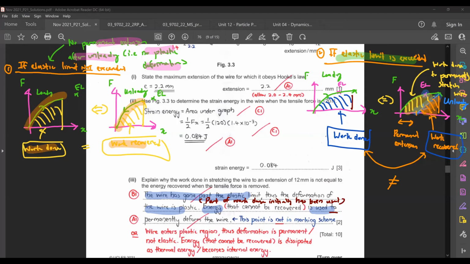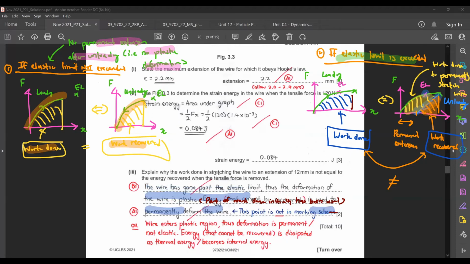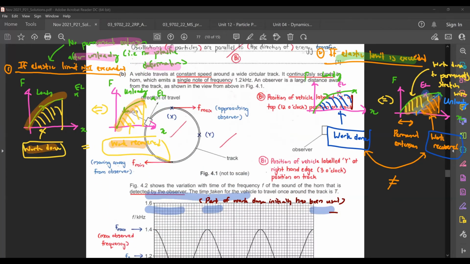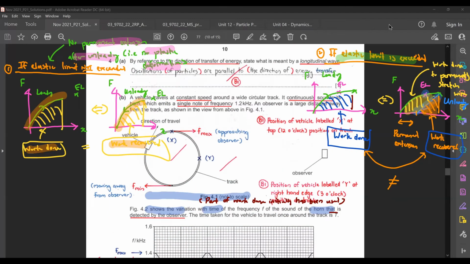Either you say energy that cannot be recovered is actually used to permanently deform the wire, or you can just say that part of the work done initially has been used to permanently deform the wire. Okay, so this one is okay. Then after that, I will move on to the other part of your question.